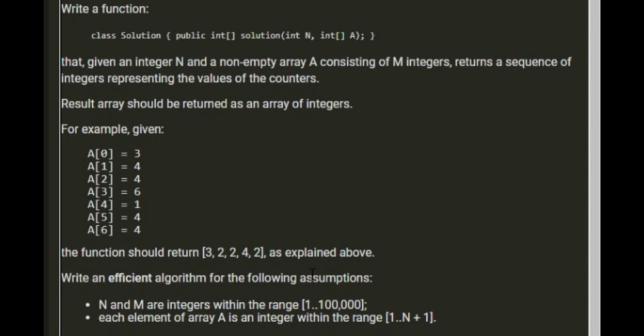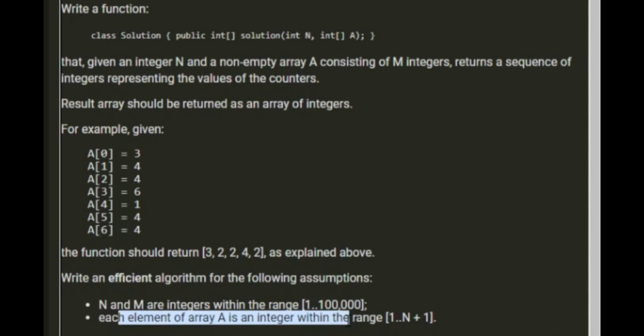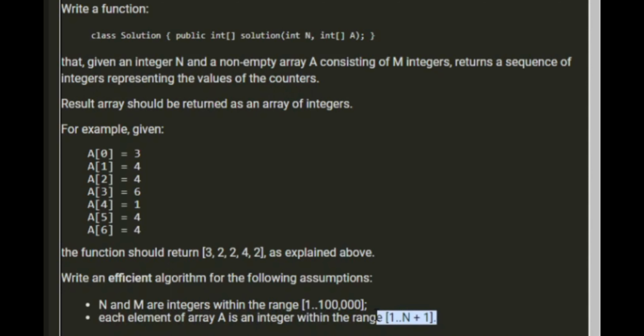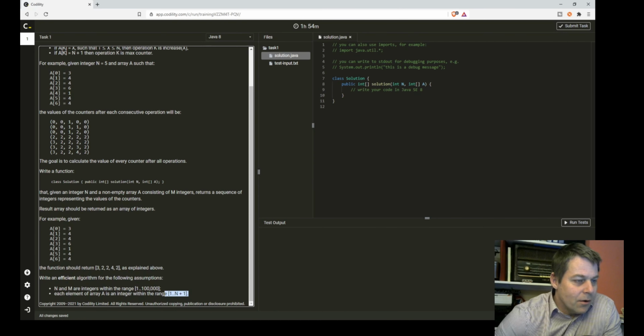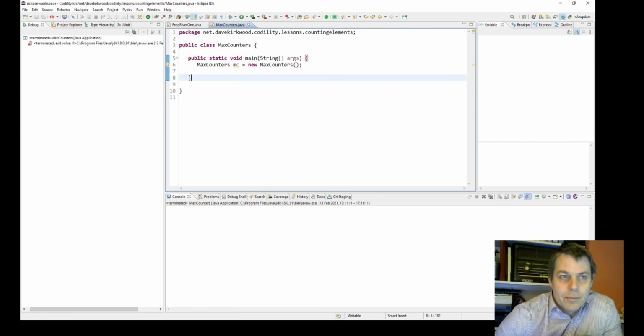So a loop within a loop is going to be a nightmare. Each element of array A is an integer within the range of either 1 to n or n plus 1. Okay, so let's put the example into Eclipse and let's go for it.